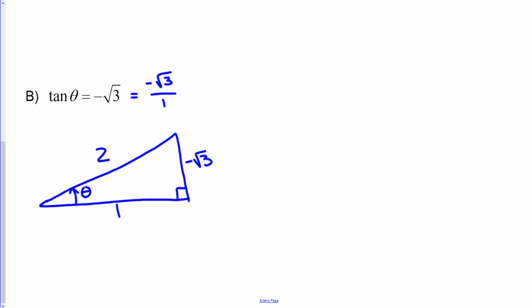Now, I'm going to correct for the sign, the positive and negative sign that is, with respect to the All Students Take Calculus. So I'm really not concerned with that side being negative root 3. It's only important to me that it's square root of 3, because opposite the square root of 3 is a reference angle of 60 degrees. But I need tangent to be negative.